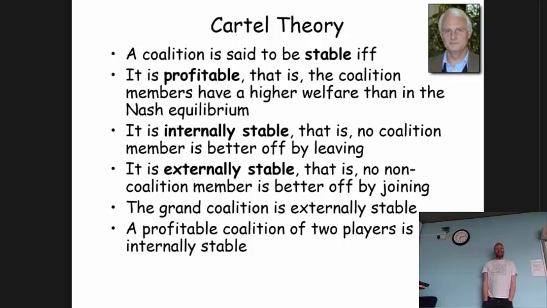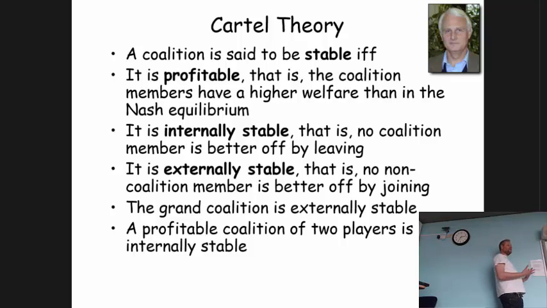Cartels have to be internally stable. That is, none of the players would like to leave. Nobody improves their welfare by leaving a coalition. And they have to be externally stable. That means that nobody who is not in the coalition could improve their welfare by joining. If all three conditions are met, then we say that the coalition is stable.